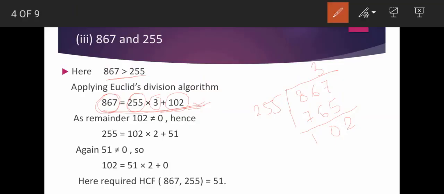So in the second step, 255, the divisor of the first step, will be taking the place of the dividend. Again, the non-zero remainder will be taking the place of the divisor in the second step.